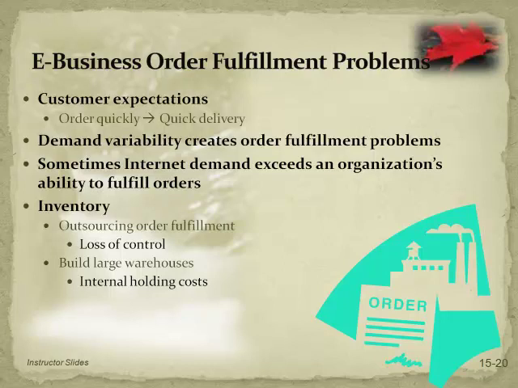When your customers place an order over the internet, their expectation is that you should be able to deliver quickly. But if you do not have the capacity to deliver quickly, you do not have the inventories to do that, that could cause some difficulty.